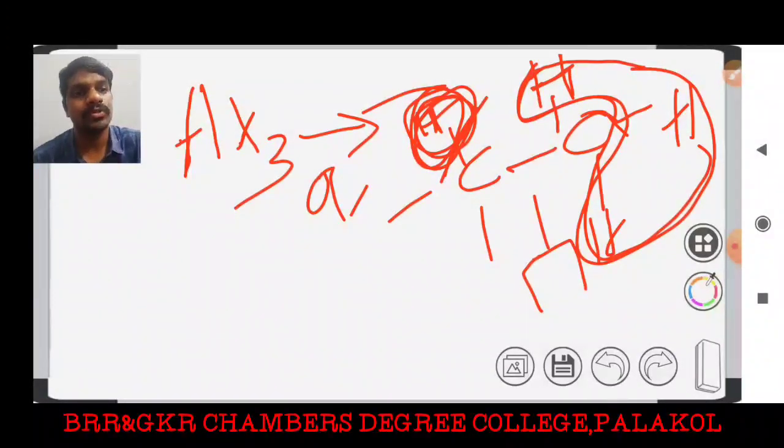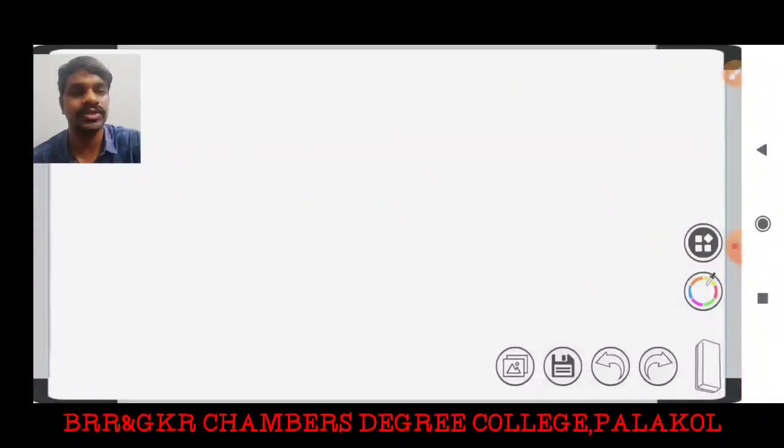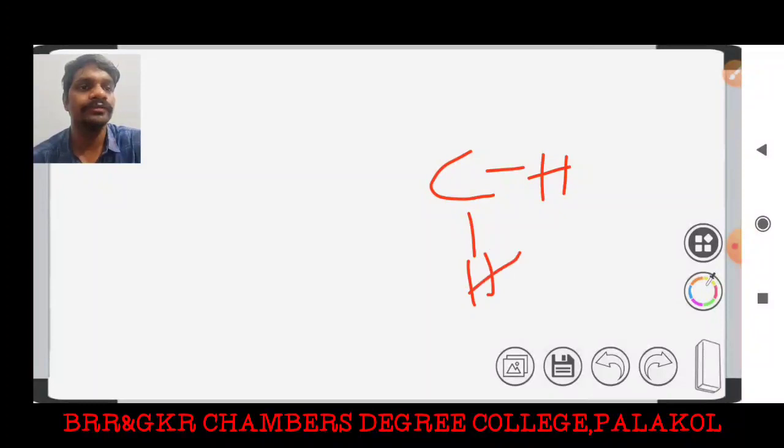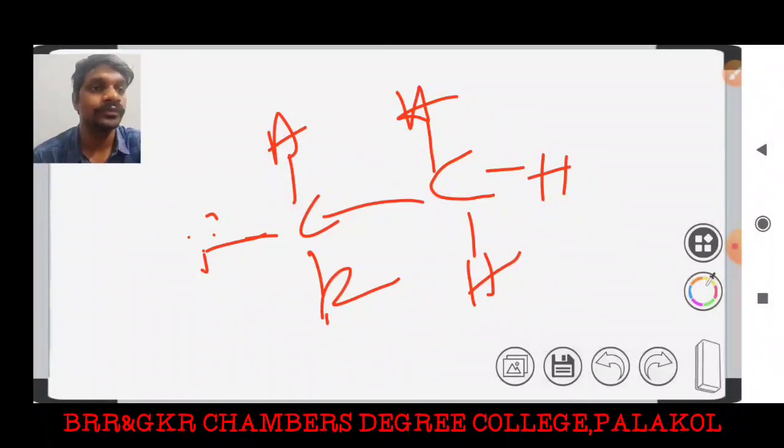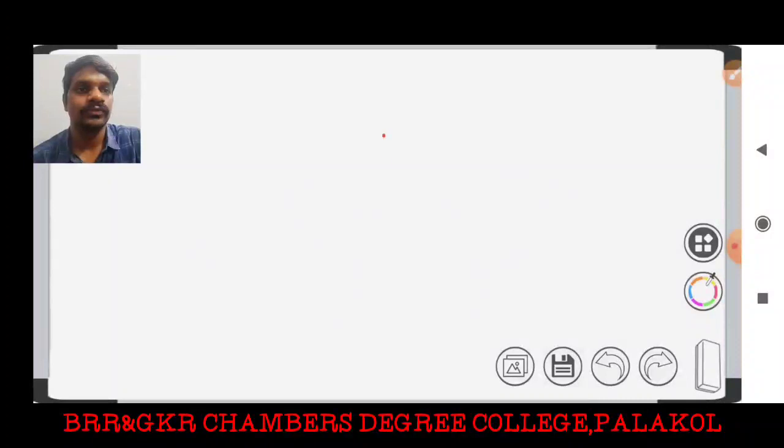Why does it appear as a quartet? Again, the same explanation: the adjacent carbon has three hydrogen atoms, so that it exhibits four different spin orientations.